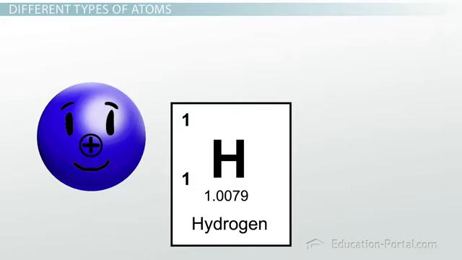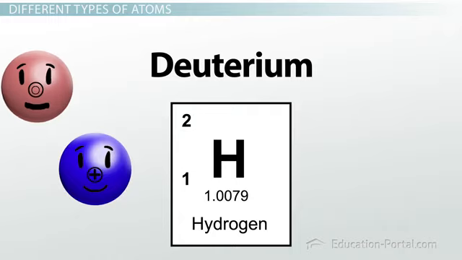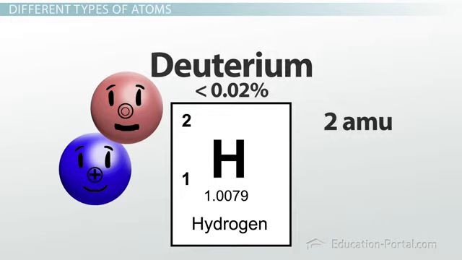The next most common isotope is called deuterium. Its nucleus contains 1 proton and 1 neutron, so it has a mass of about 2 AMU, 2 atomic mass units. It makes up less than 0.02% of the population of hydrogen atoms.